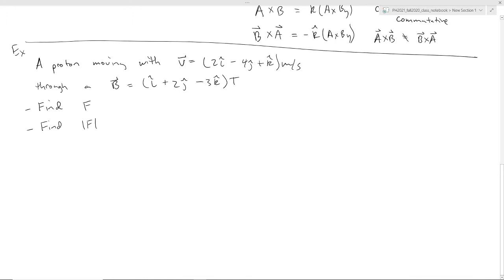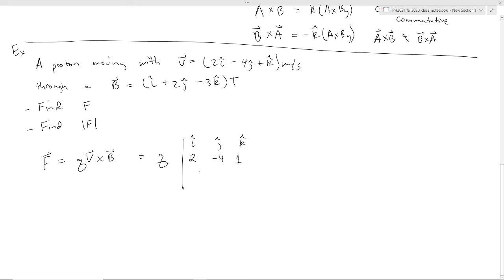Okay, so we know that the force will be given by the Lorentz force, q v cross B. And we can evaluate this just like we've been doing with the determinant, or as I showed you with the general case. So our v pieces, we would have 2, -4, 1.